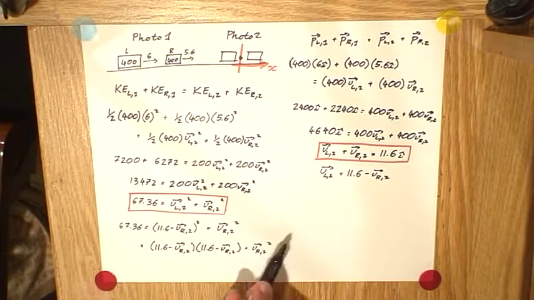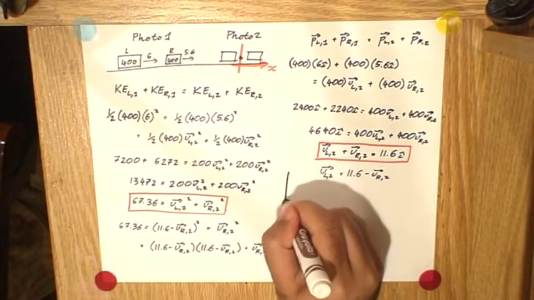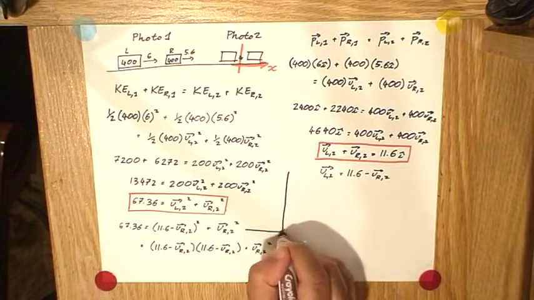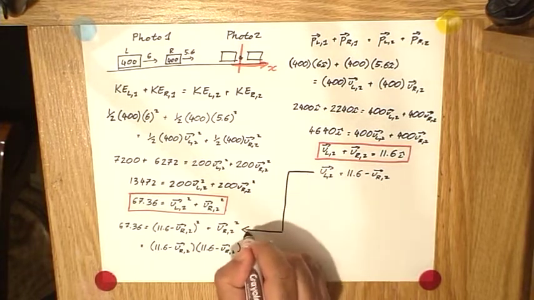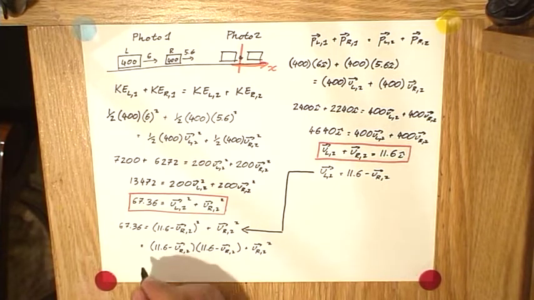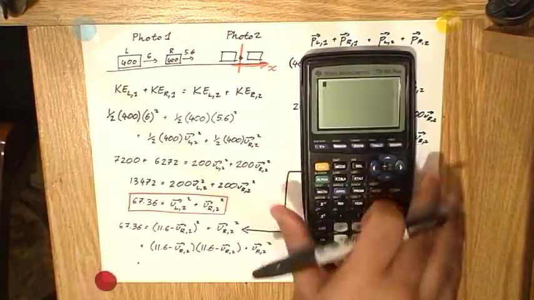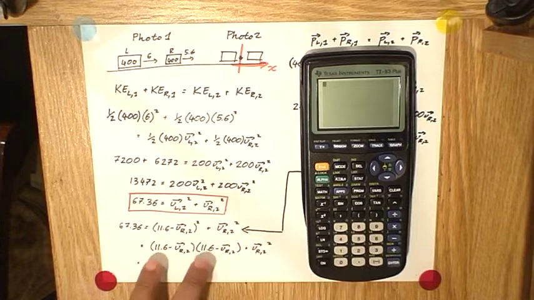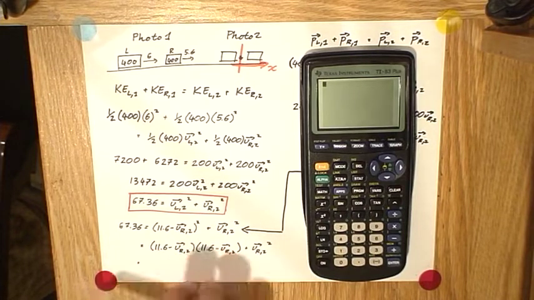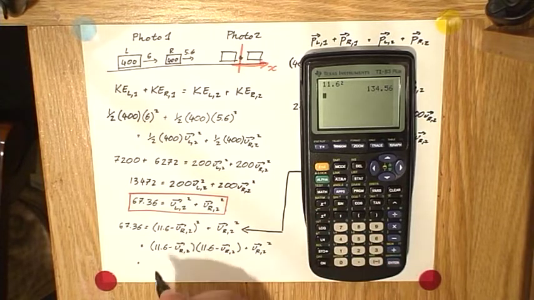So now we have substituted this in. We have expanded this out, and we are ready to actually perform the squaring using FOIL. So 11.6 times 11.6. The rule of FOIL is firsts, outsides, insides, lasts. So first, 11.6 squared gives us 134.56.